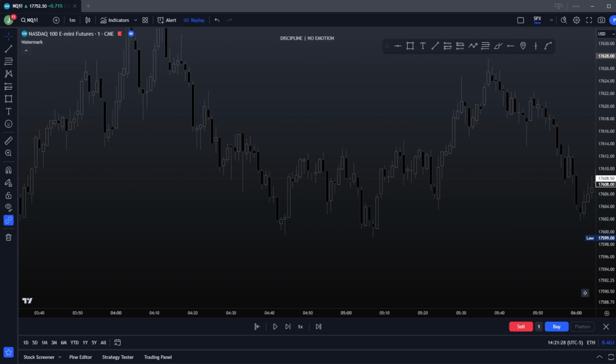Oh, right there, yeah, breaking it down, yeah, dude. So that's actually something called a BPR, which I will also get into. That overlaps with something called an inverse fair value gap. And I'll get into that concept here in a bit.